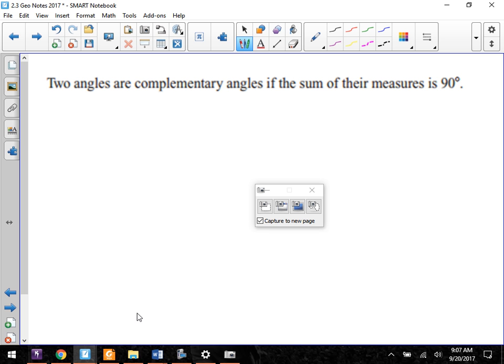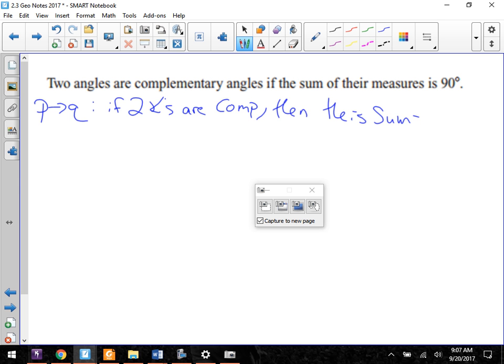Perfect. So what we write here is our conditional, our P implies Q: if two angles are complementary, then their sum equals 90.